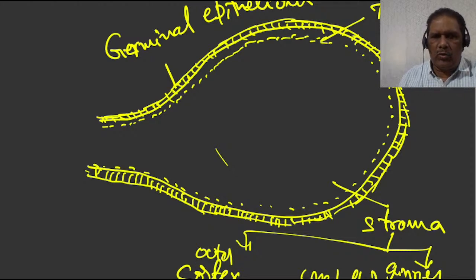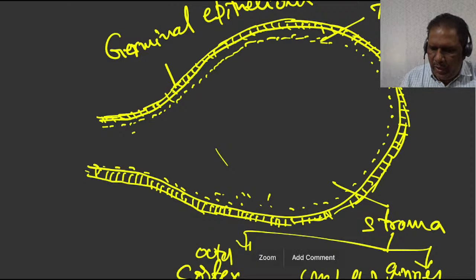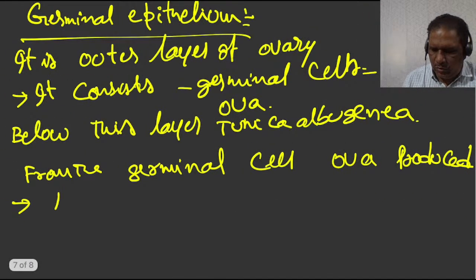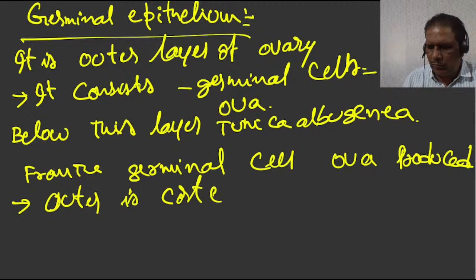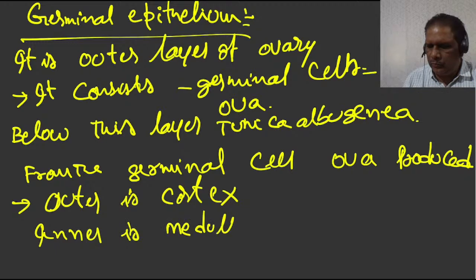The outer cortex consists of various developmental stages of ova.